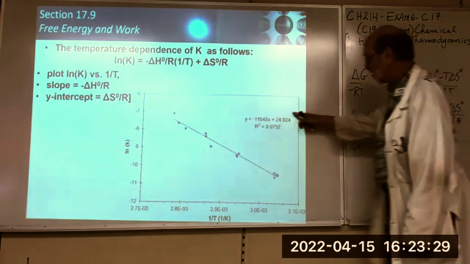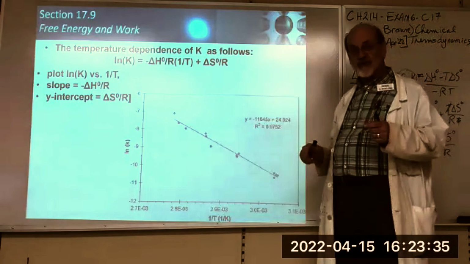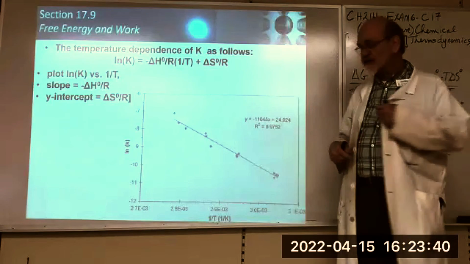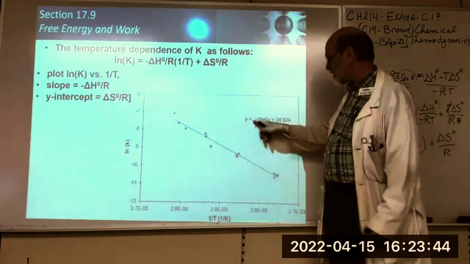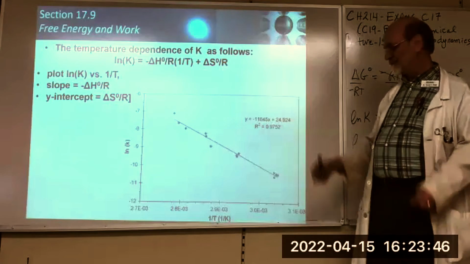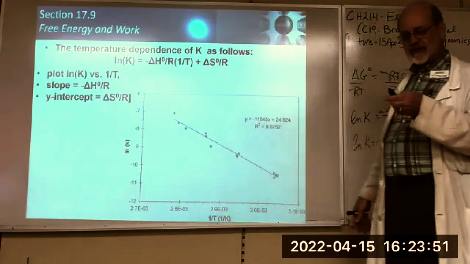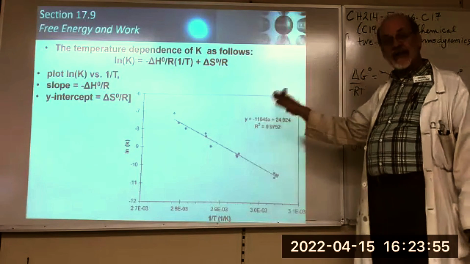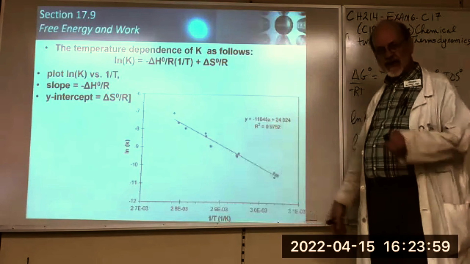You can also take this value and set it equal to this expression and find out what the standard entropy is from this term. Find out what the enthalpy is from that term. That was the whole point of this manipulation, just to show you how to get this information from an experiment and a graph of that experiment.